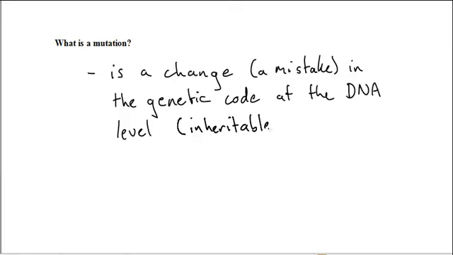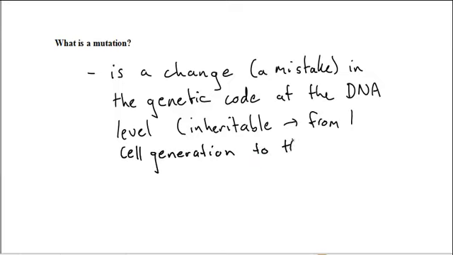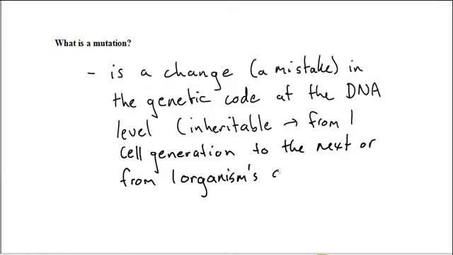And by inheritable, we could mean from one cell generation to the next in something like cancer, or from one organism generation to the next, so from parent to child, in something like, say, hemophilia.